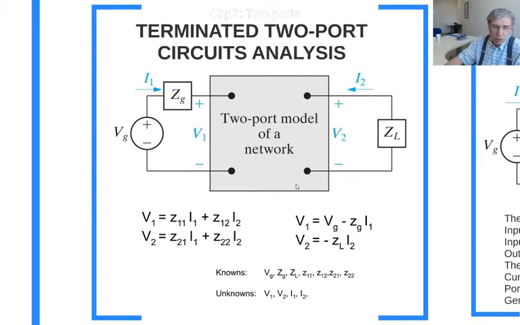Now, first, what we are going to do: when a circuit like that is given to you and the Z parameters, or the definition relation of the two port, are known, then we can calculate V1 and I1, V2 and I2. This relation is not enough to do so. Why is that? Because there are four unknowns and two equations here.